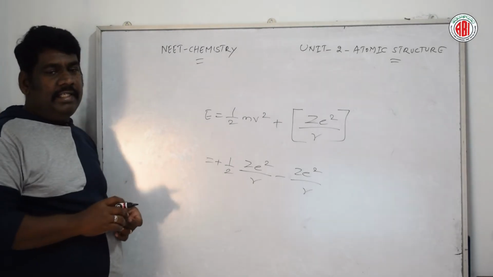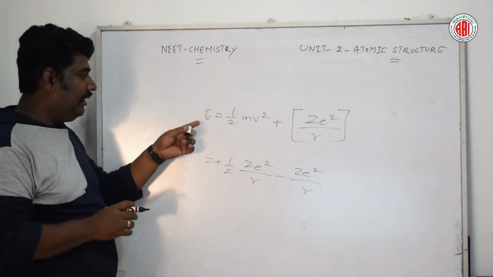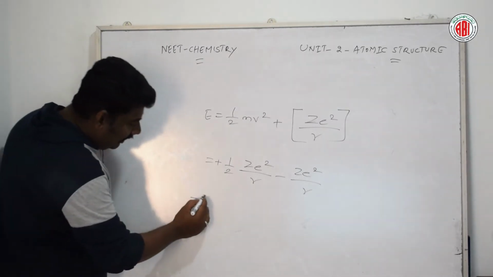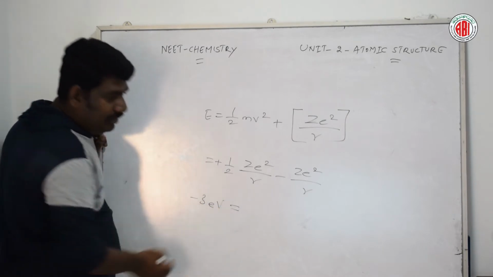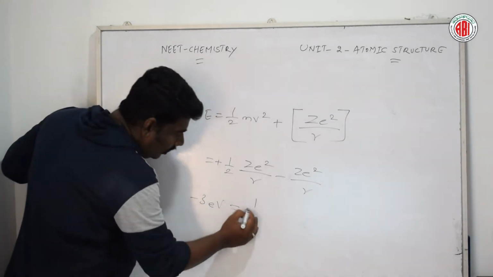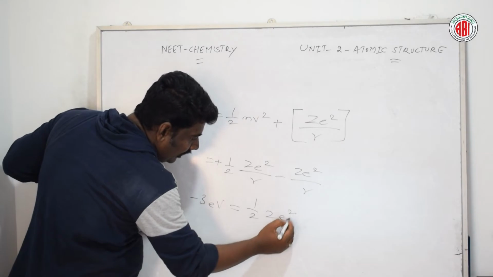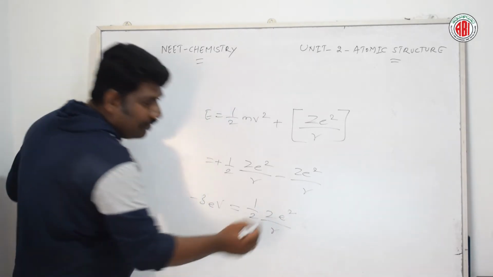Here let us write the E value: −3.4 electron volt is equal to −½ Ze²/r.